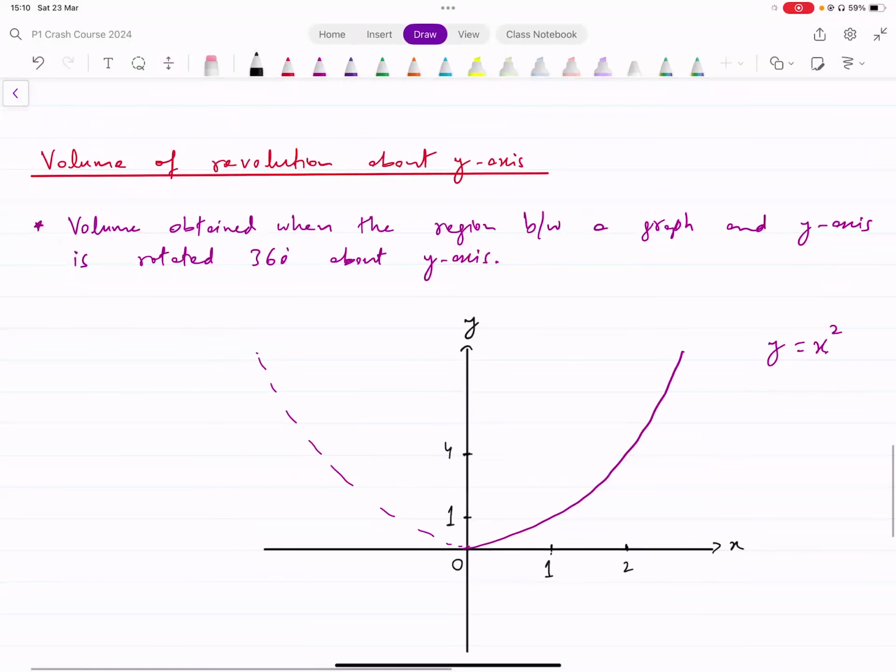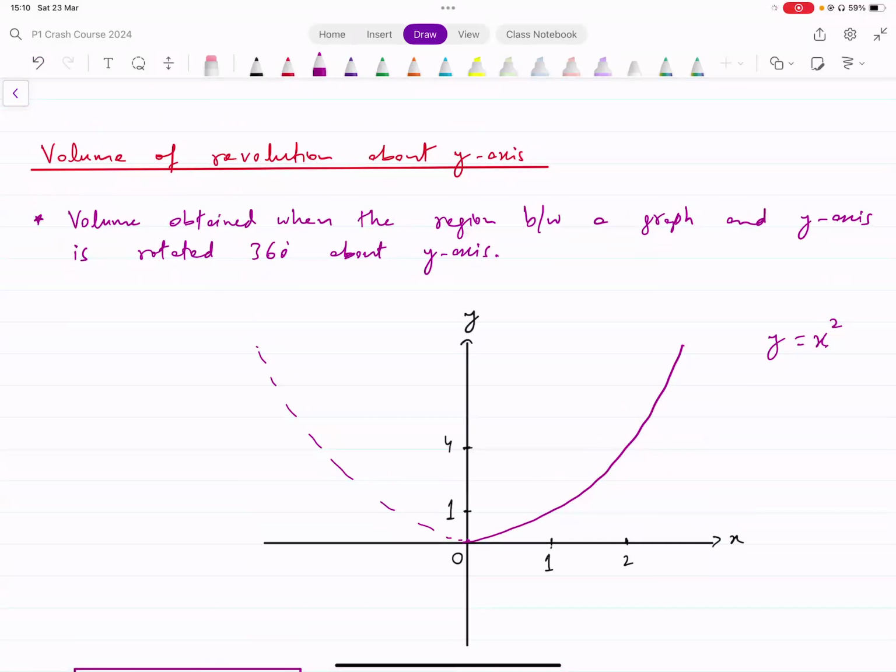This is the region that you have between the graph and the y-axis, from 1 to 4.